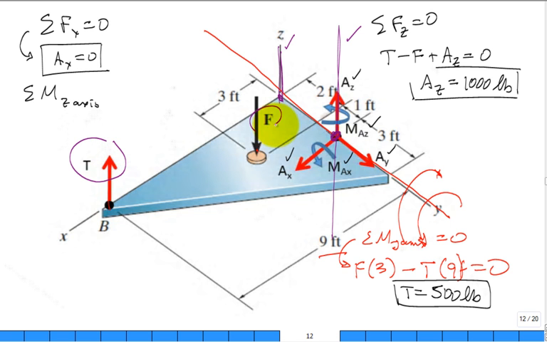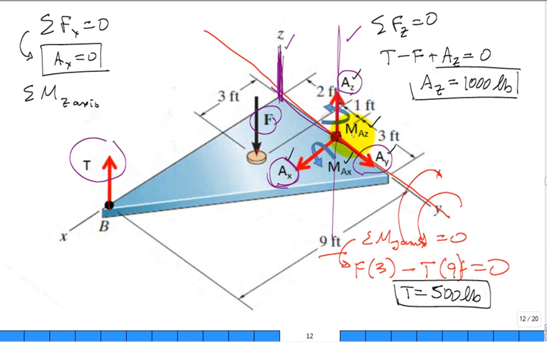This will contribute no moment because it's aligned with both. They're parallel. They're all parallel. AZ will contribute no moment. What about the AX about the Z-axis? Would that contribute a moment? If it was non-zero, it would. True? How about AY? Well, its line of action goes through both of those, so it would contribute 0 for both.